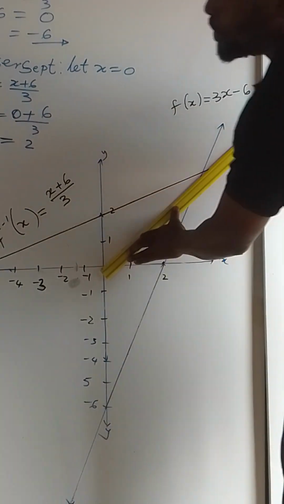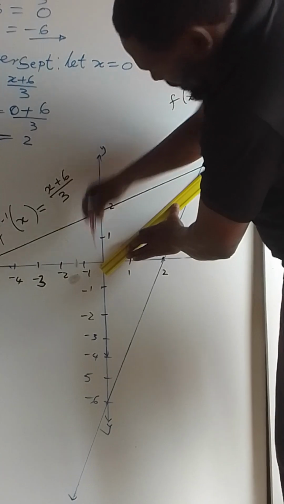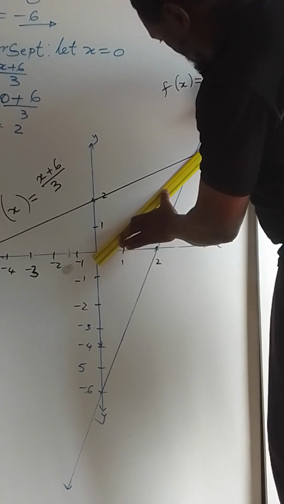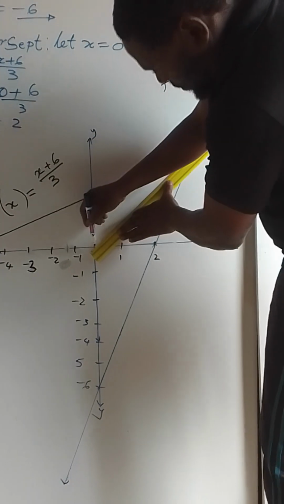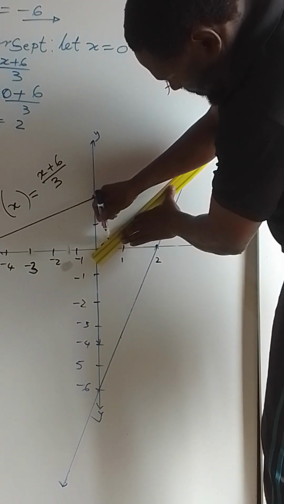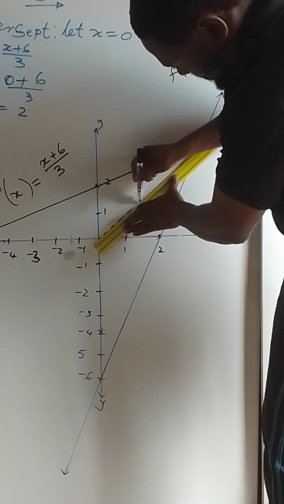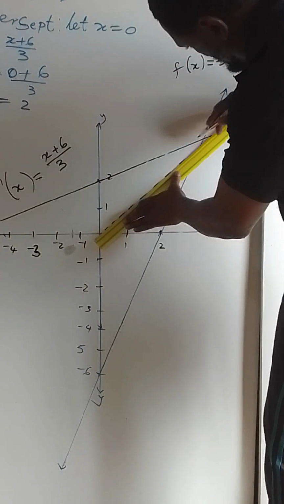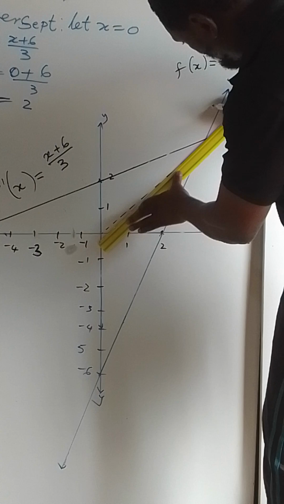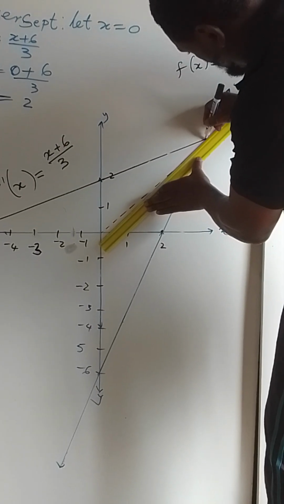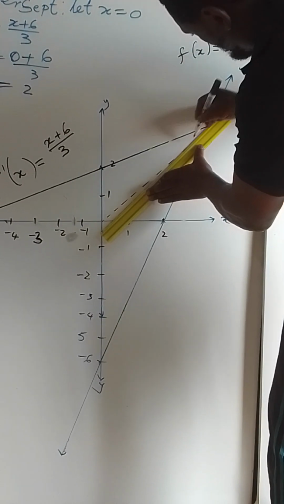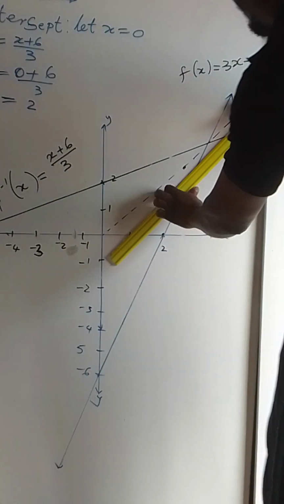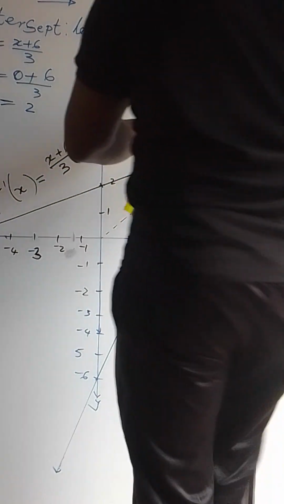We are going to draw the symmetry. This is our axis of symmetry.